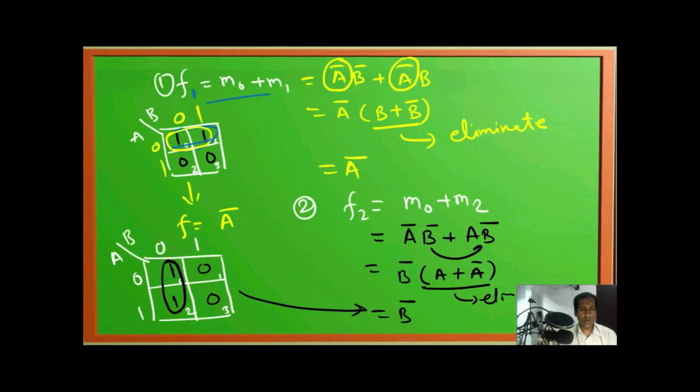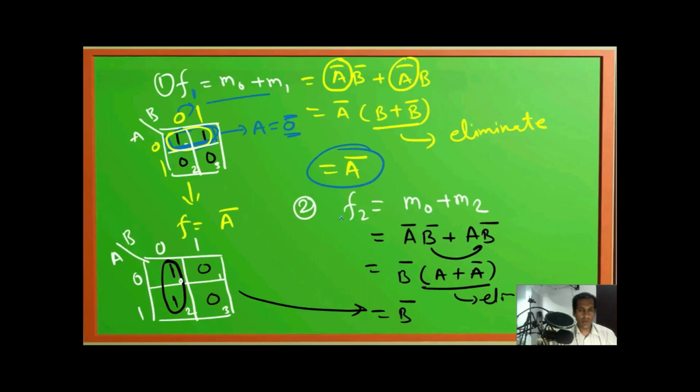Here A is 0, here also A is 0. Both the places A is equal to 0. But along this square B is 0 and B is 1, changing. Right? So it's constant 0, and 0 stands for bar. So this is A bar.